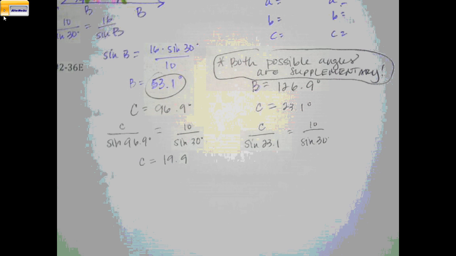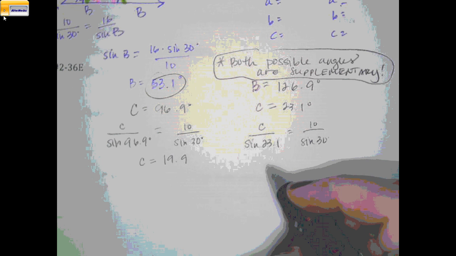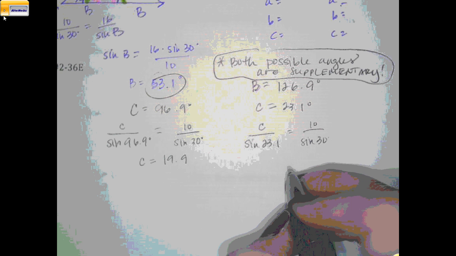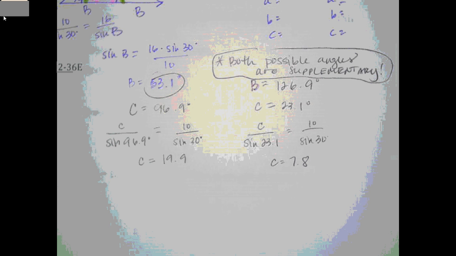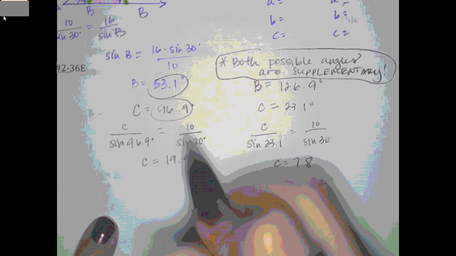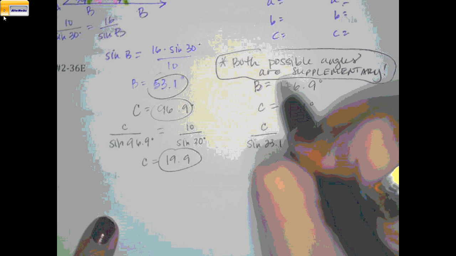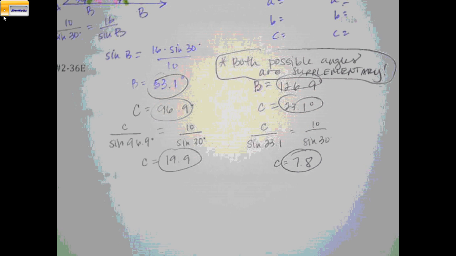I think I got 7.8 for the other one. So now you have your first triangle and your second triangle. You've got two options there. We don't know which one it is because they didn't give us anything to go on. Okay?